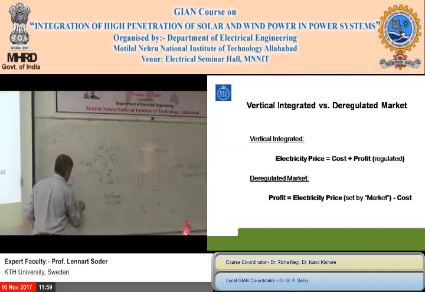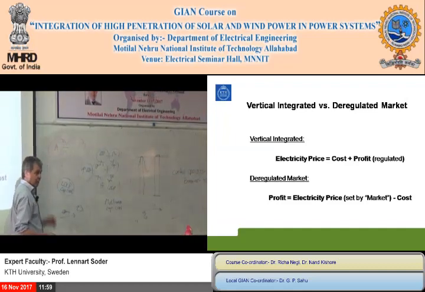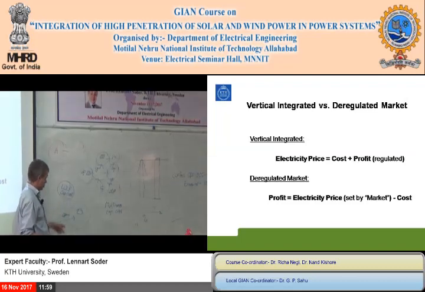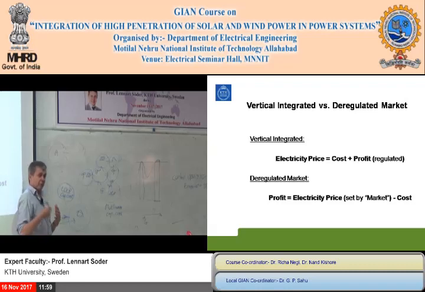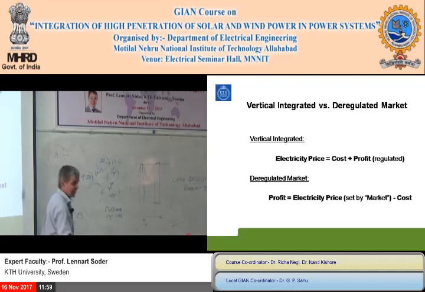And then the question is, how should they dimension this system? Should they have one transformer, or two, or three? From the reliability point of view, of course they should have three transformers. What is the incentive? Why should they have three transformers?